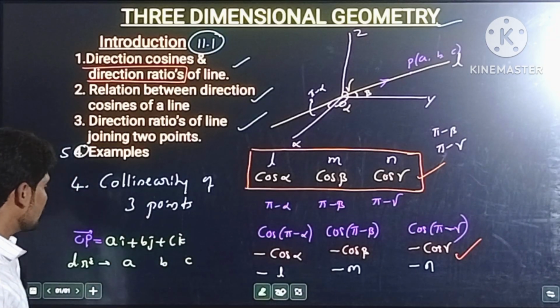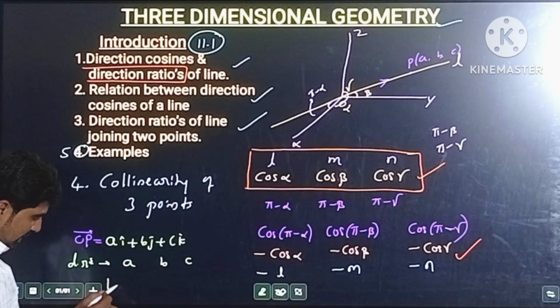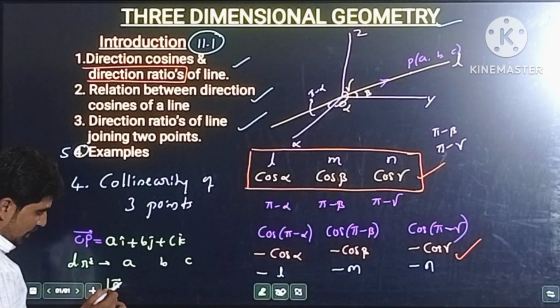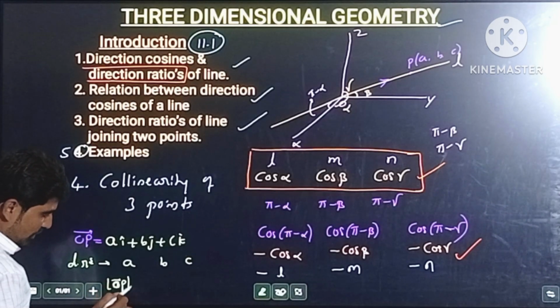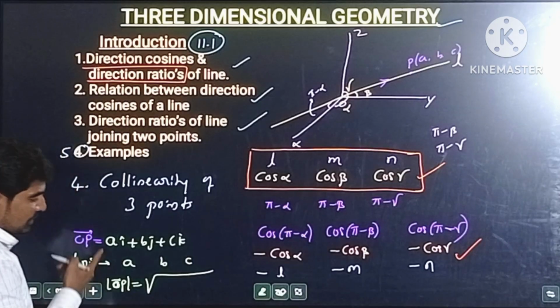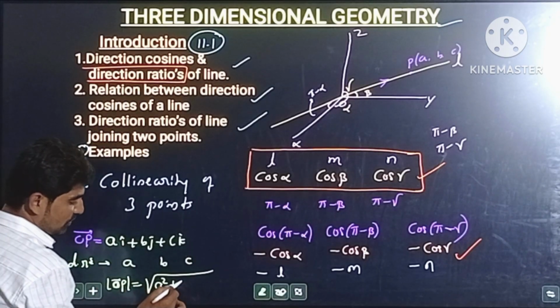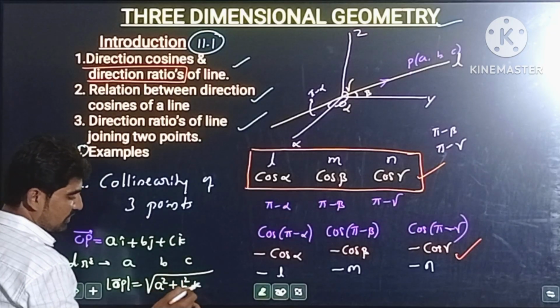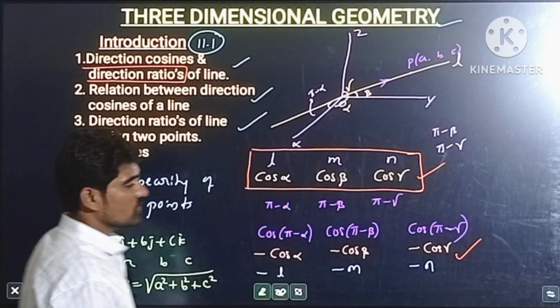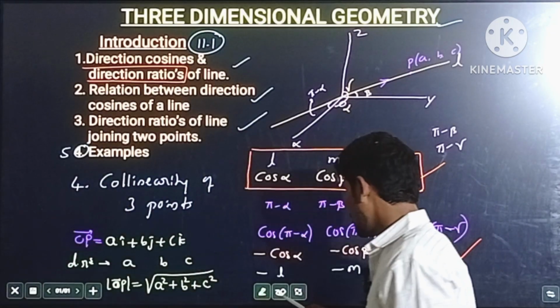And one more thing you need to observe here: the magnitude of the OP vector. The magnitude of the OP vector is equal to the square root of the I coefficient squared, that is A square, plus the square of the j coefficient, that is B square, plus the square of the k coefficient, that is C square. So this is the magnitude of the OP vector.